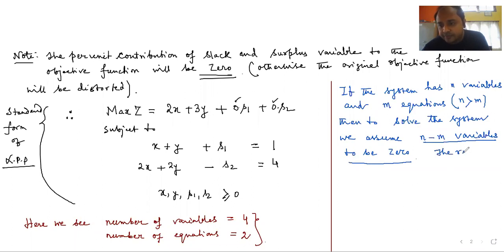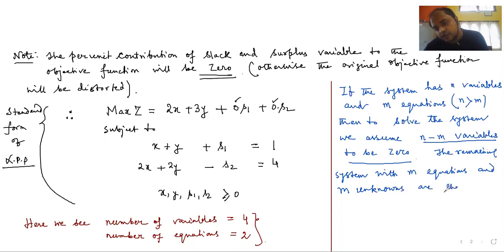The remaining system with m equations and m unknowns is then solved, and the values of m variables are found.